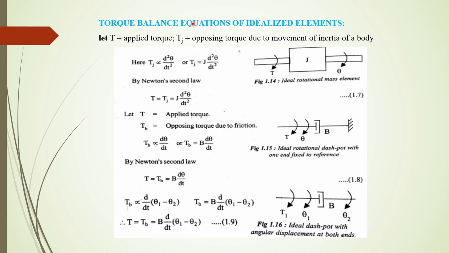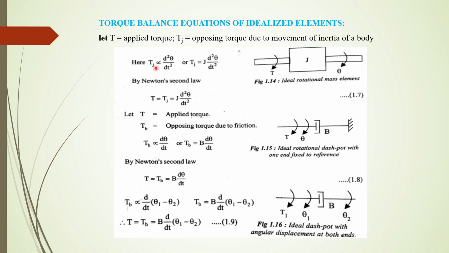Torque balancing equations of idealized elements in mechanical rotational systems. The first one is ideal rotational mass. So here T is the input torque, theta is the angular displacement.